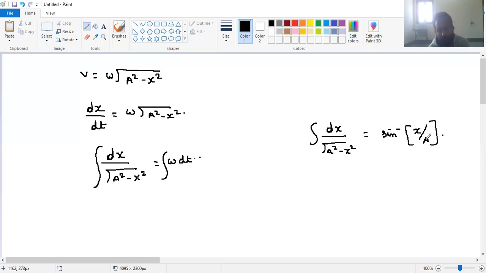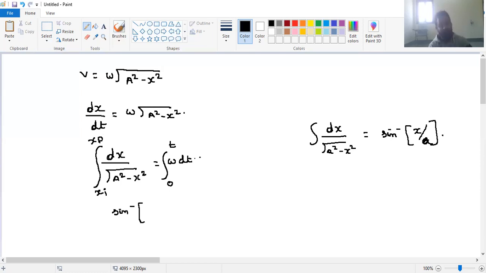This is the formula regarding integration. So if you see this formula and compare, it will become sine inverse. So let me go with 0 to t. Initially my time is 0, final time is t. Initially my position is x initial, and this is for final, x final.